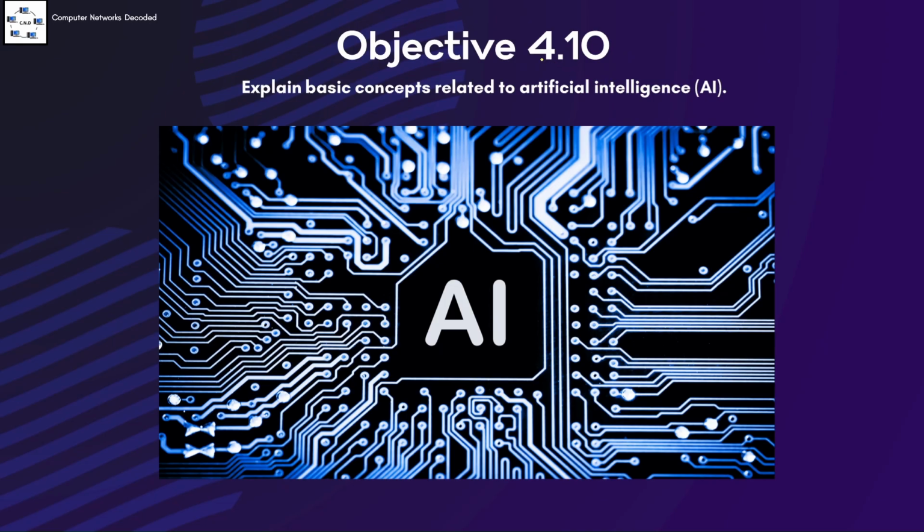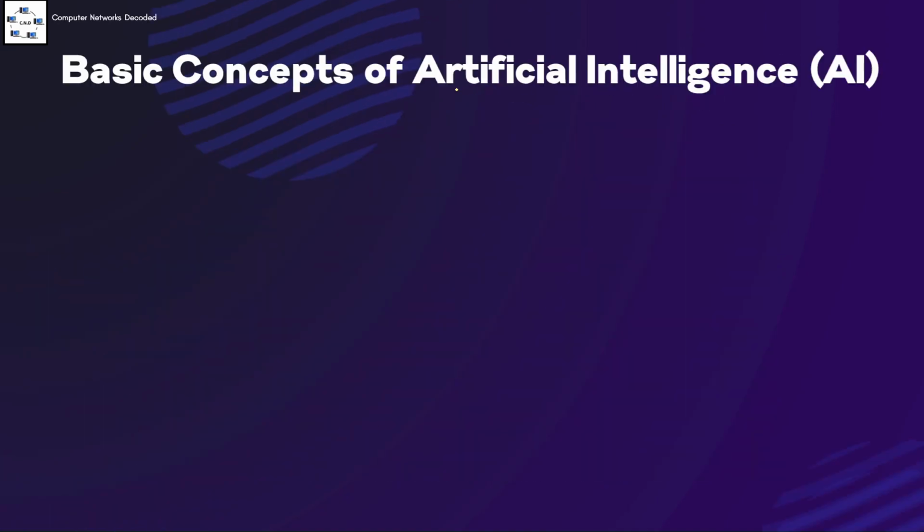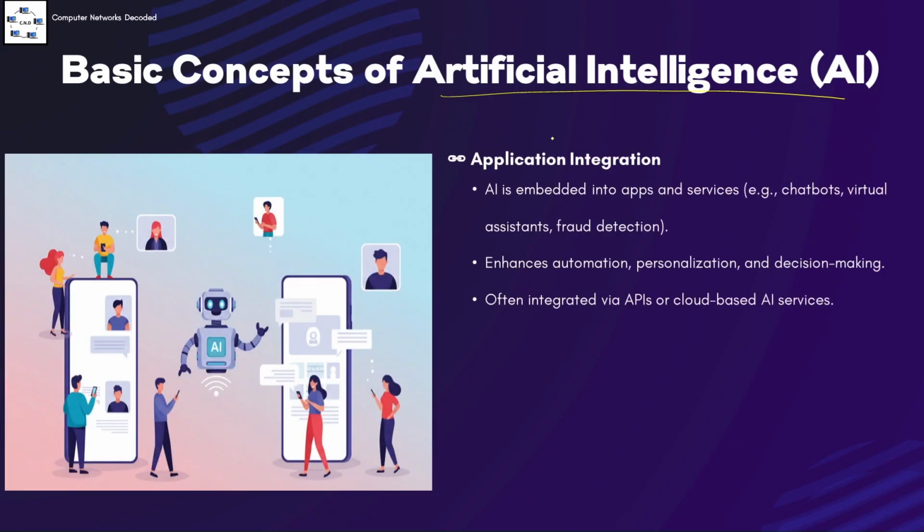So our objective 4.10, the last objective of this course, is to explain basic concepts related to artificial intelligence or AI. The basic concepts of artificial intelligence: application integration. AI is embedded into applications and services.